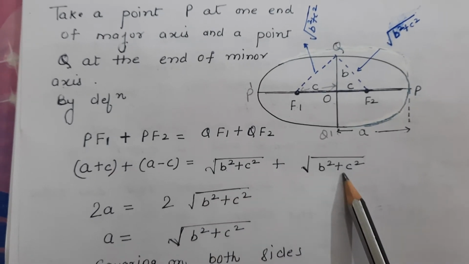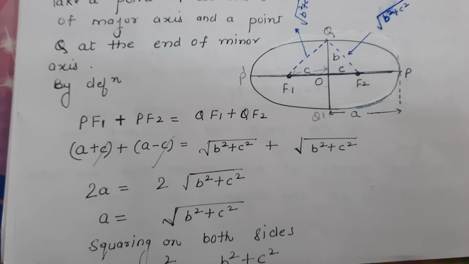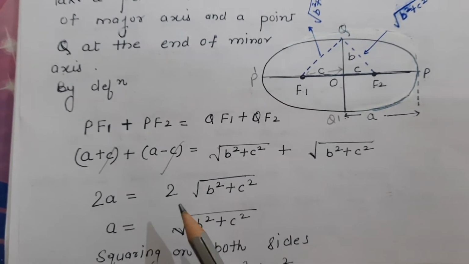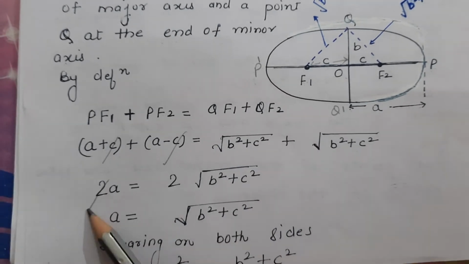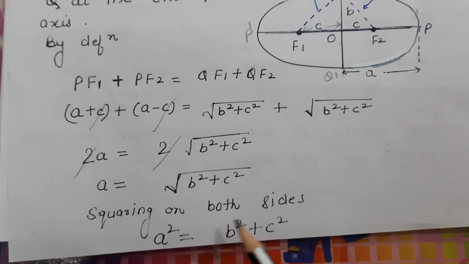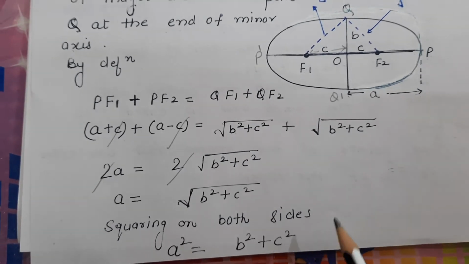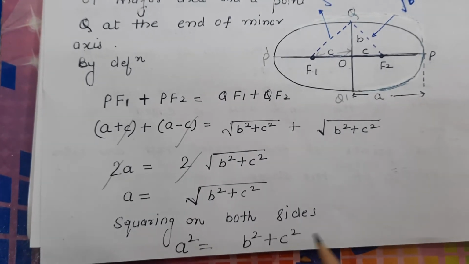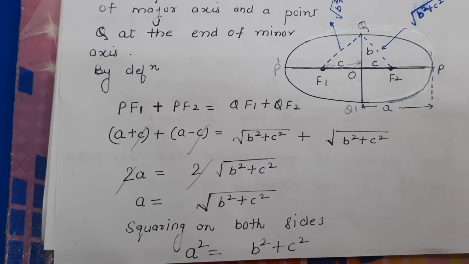So I have written this. Now here this c will be cancelled. So a plus a, that is 2a, is equal to twice of root b square plus c square. Here this 2 is cancelled. Now do squaring on both sides. So you'll get a square is equal to b square plus c square. So the relationship between a, b and c is a square is always equal to b square plus c square.